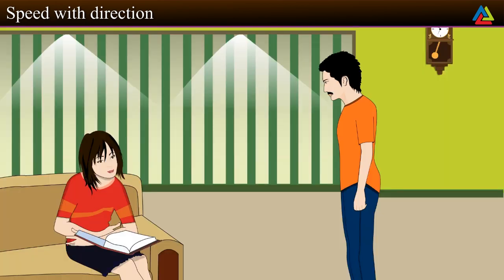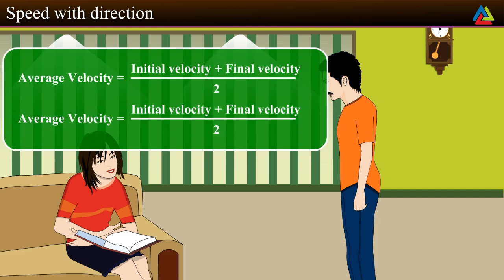But Dad, how do we express the magnitude of velocity if the object is moving at variable speed? We use term called average velocity to express it. It is given by the arithmetic mean of initial velocity and final velocity for a given period of time.